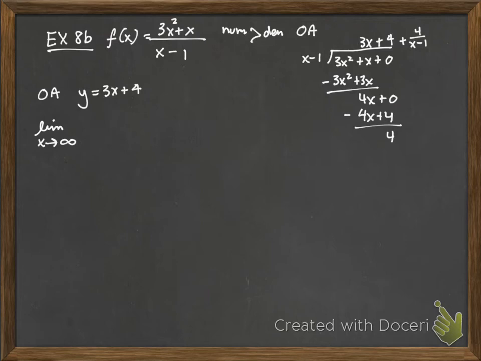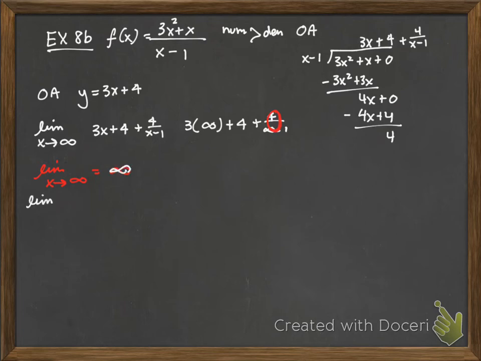So I'm going to actually take the limit as x is approaching infinity of 3x plus 4 plus 4 over x minus 1. So if I plug in infinity, I get 3 times infinity plus 4 over infinity minus 1. We know that 4 over infinity minus 1 goes to 0. So I have infinity plus 4. So the limit as x is approaching infinity equals infinity. Okay? So we know that.